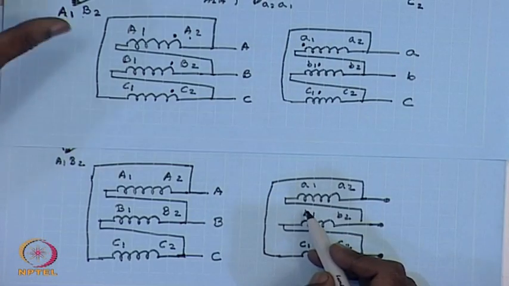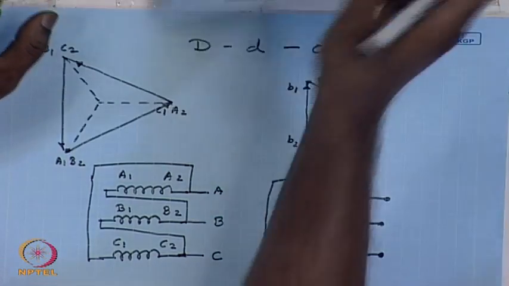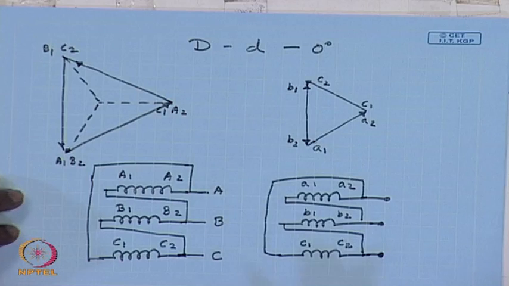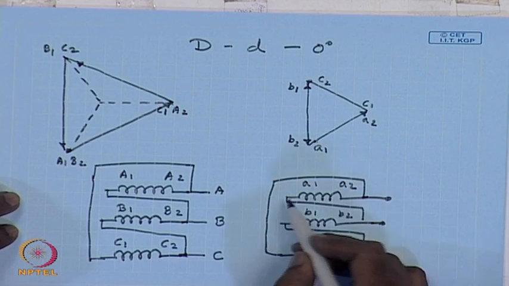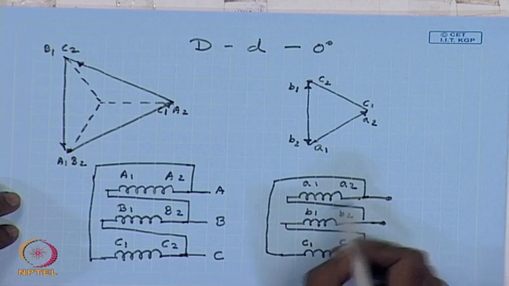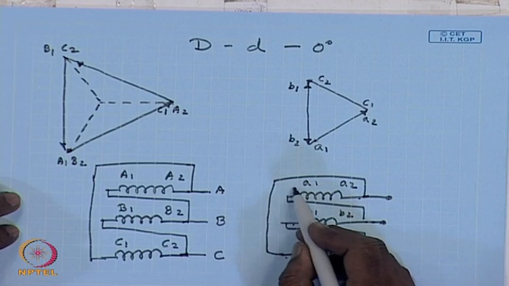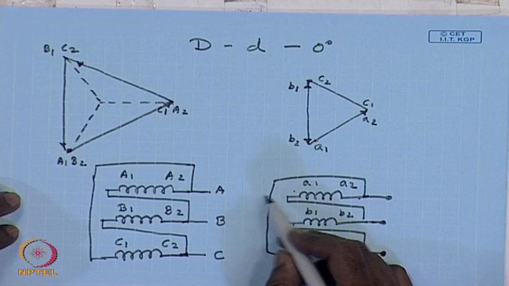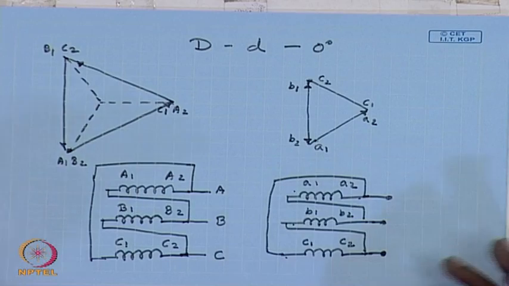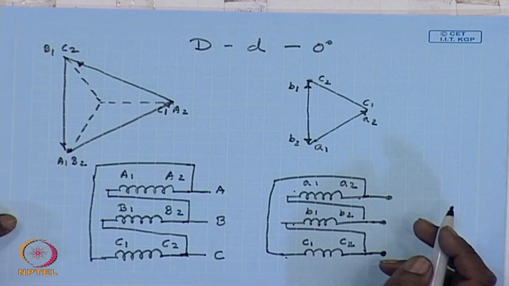So, if this has to be reconnected into DD6, these connections are to be reversed. In other words, A2 has to be connected to B1, B2 has to be connected to C1 and C2 has to be connected to A1 and the supply is given to A1, B1, C1. That will give a connection of DD6.